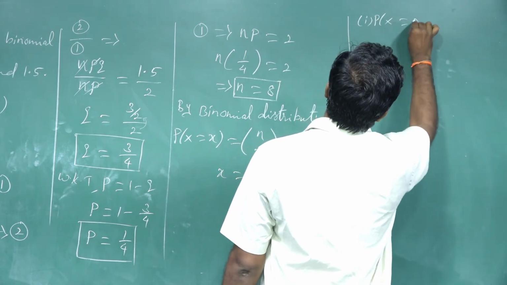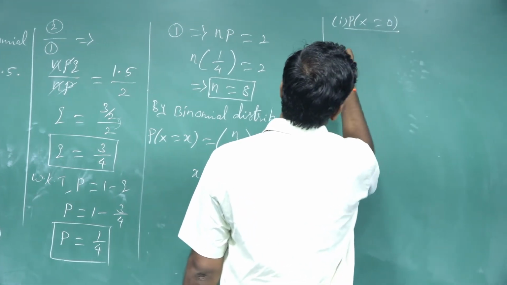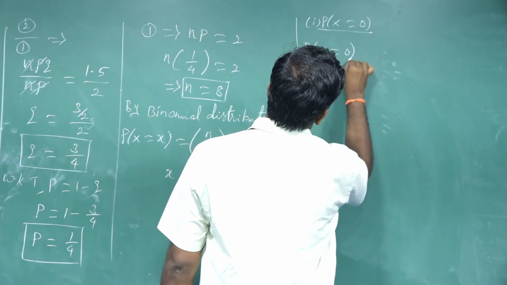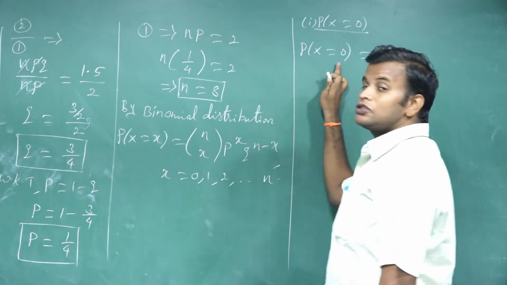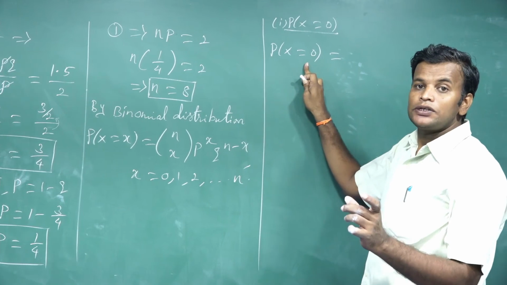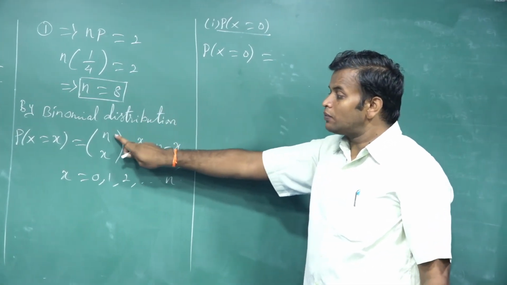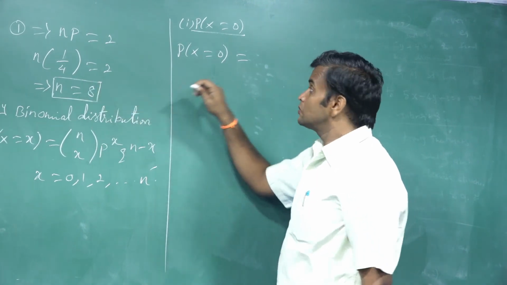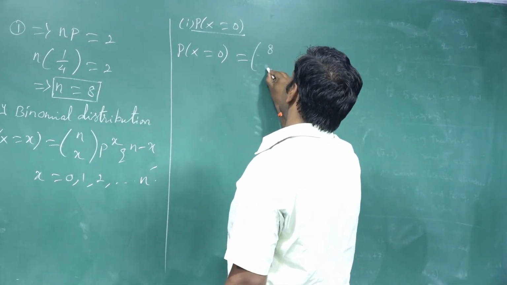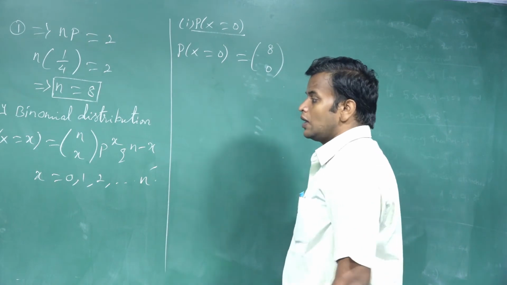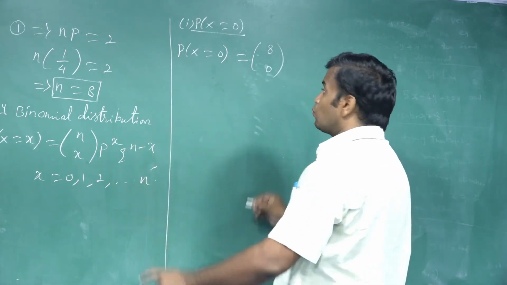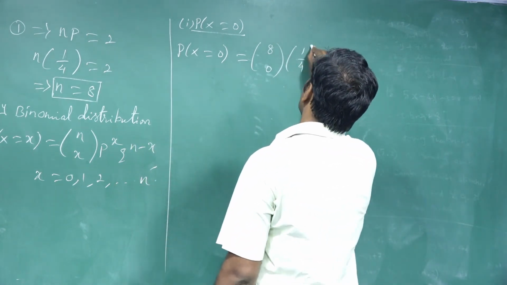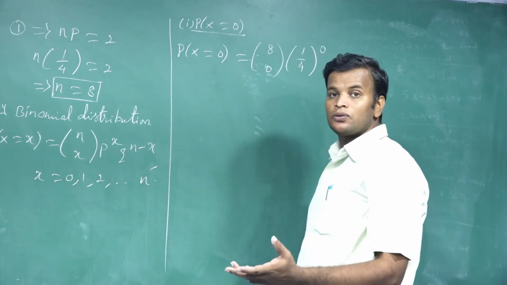So first we find the first case. P of x is equal to 0. So exactly the value of x is 0. The formula is nCx. The value of n is 8. So 8C0, p power x, the value of p is 1 by 4, power x is 0.